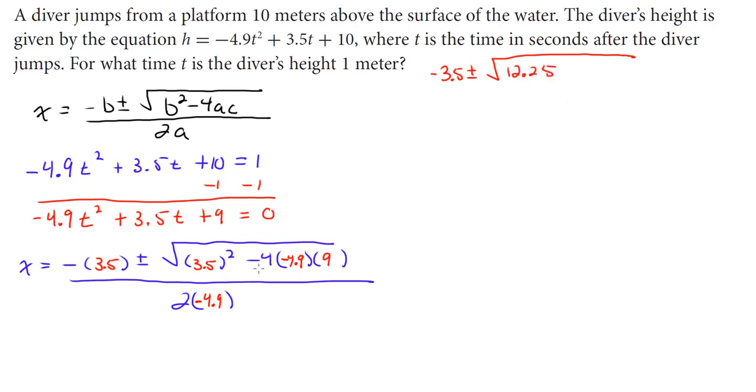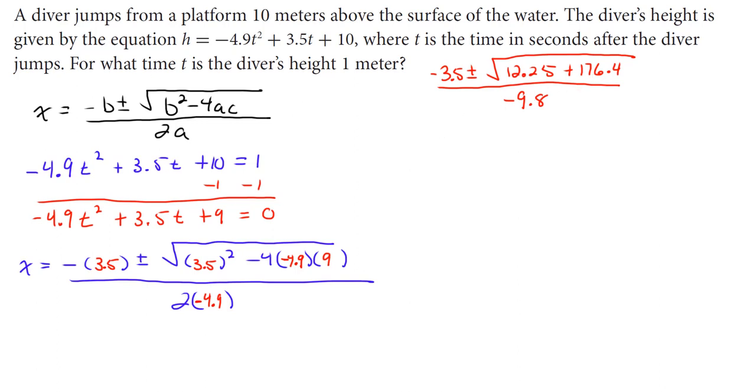And then negative 4 times negative 4.9 times 9 is 176.4 positive. Over 2 times negative 4.9 is negative 9.8. Okay, we can go ahead and add 12.25 plus 176.4, and we get 188.65.